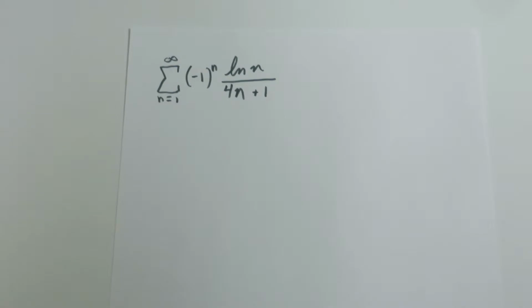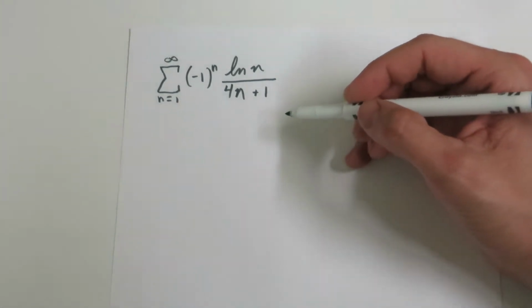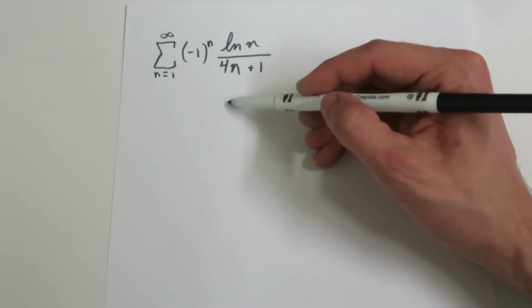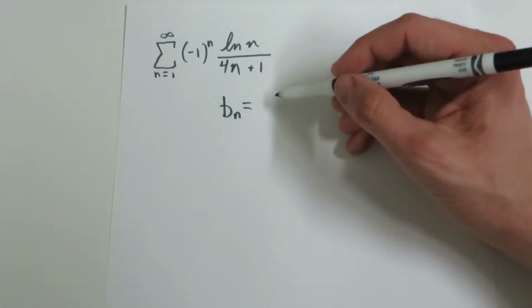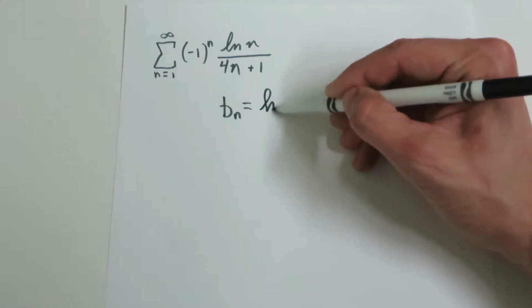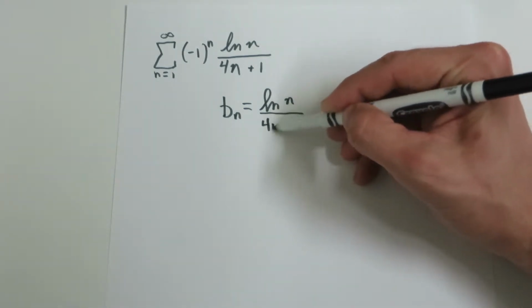So, our b sub n, this is the positive or non-alternating part. Let's say our b sub n is equal to ln of n over 4n plus 1.